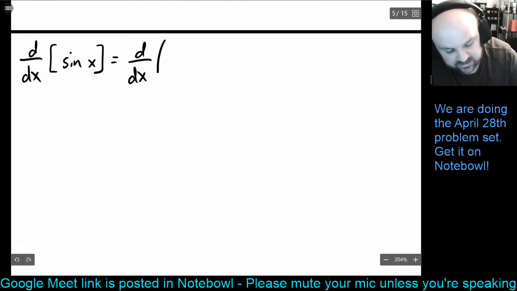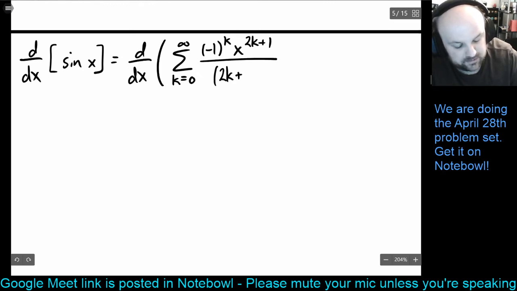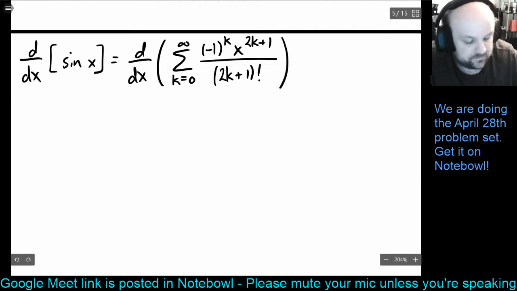So d dx of the sum from k equals 0 to infinity of, sine of x, remember, is negative 1 to the k, x to the 2k plus 1 over 2k plus 1 factorial.